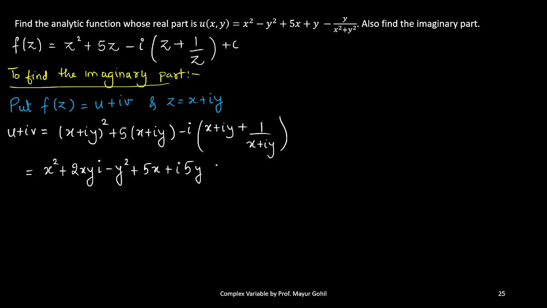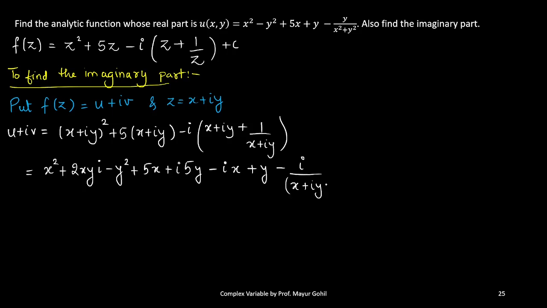Alright, now there is minus of ix, then there is i square, which is minus 1, and that minus sign is already there, so it's going to be plus y. And then here we have a little bit coming into the picture: minus of i over x plus iy.